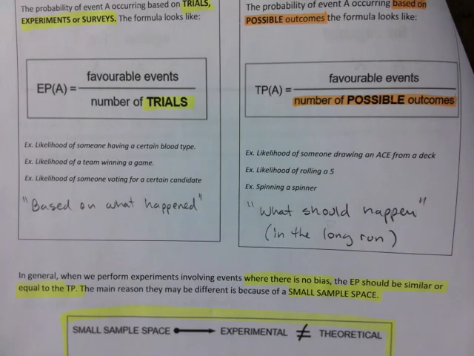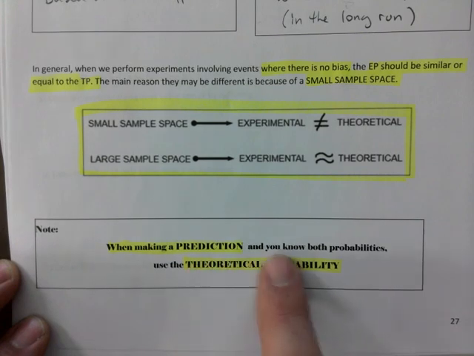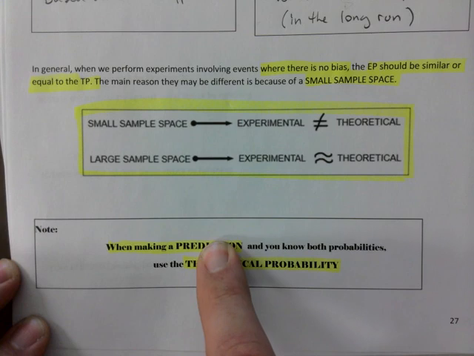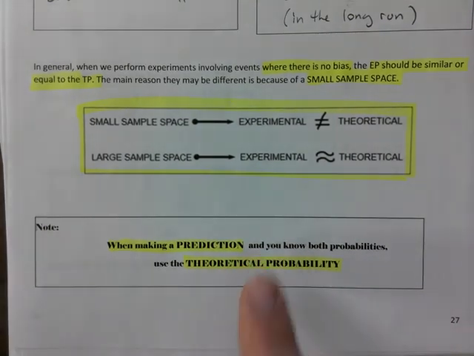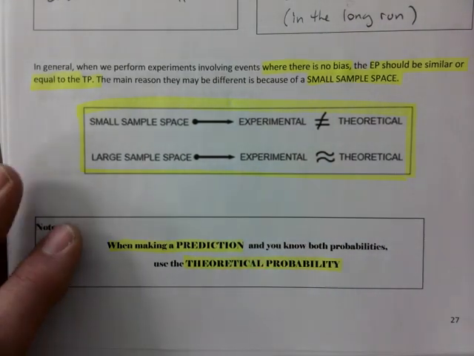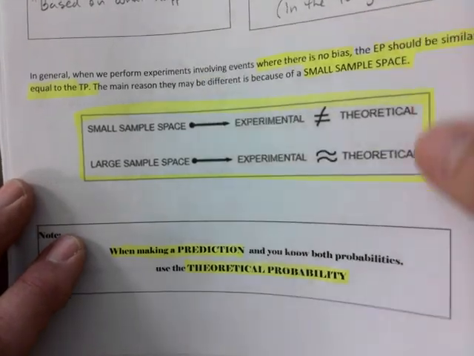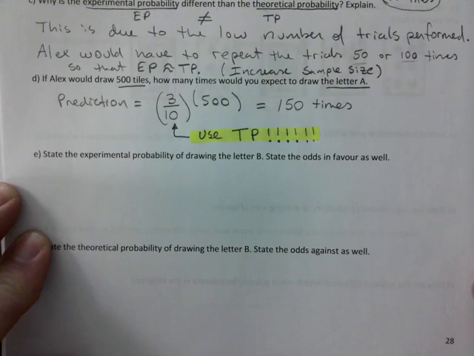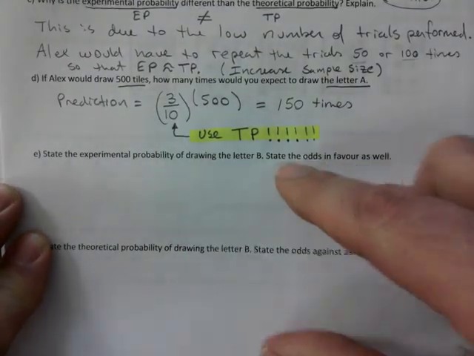All right. And remember the prediction thing down here? Only if you have to choose between them, if you have them both, choose theoretical to make your prediction. If you only have the experimental, then that's all you have to go with. Okay. So let's go to page 28 again. And I would like you to try the rest of 28.